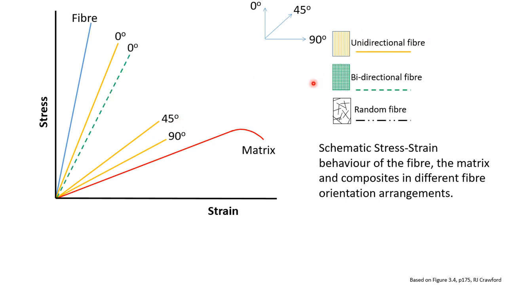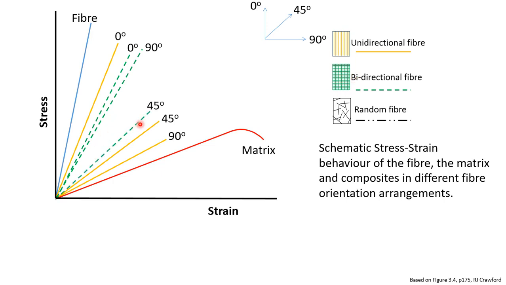For bidirectional fiber, that means the fibers are oriented in two directions. In that case, for 0 degree, we can achieve a high strength here. For 90 degree, that means in this direction also we can achieve very similar, very close value of the composite because the fibers are oriented in both directions. So whether we apply force in this way or this way, it doesn't make very big difference.